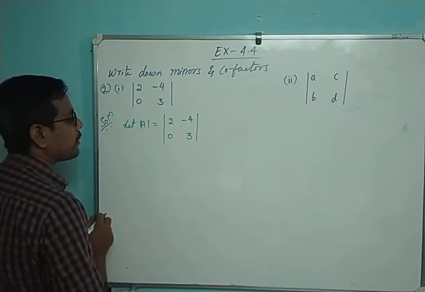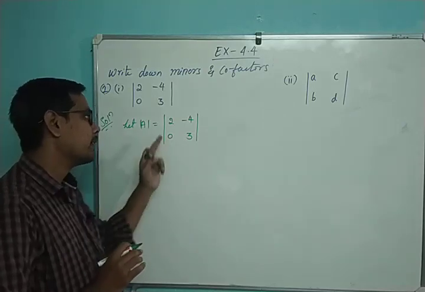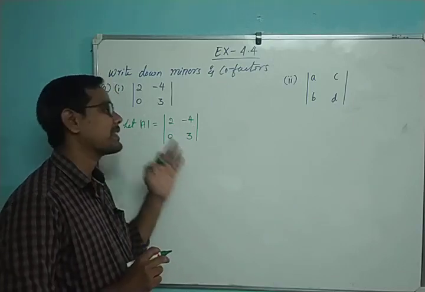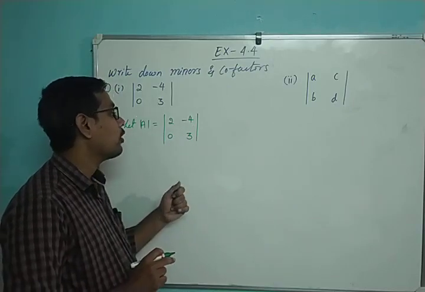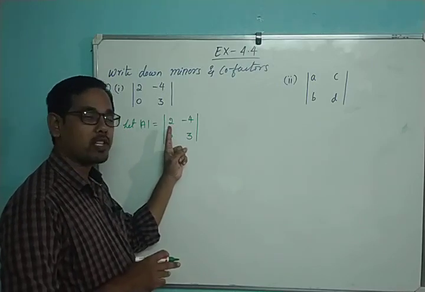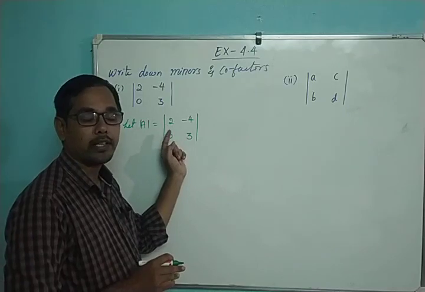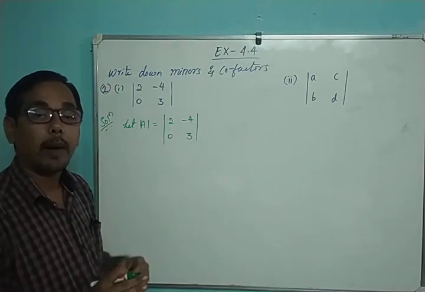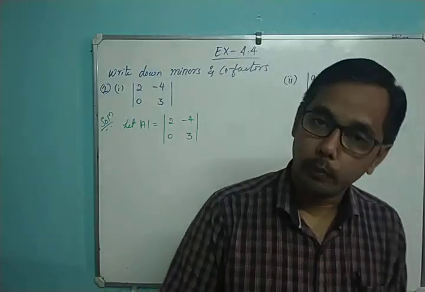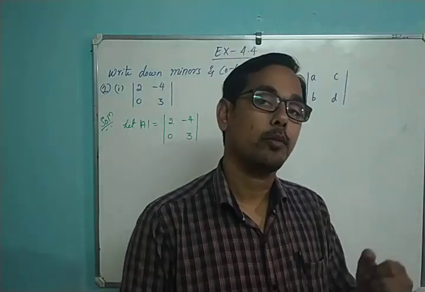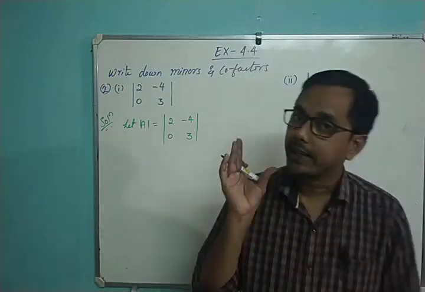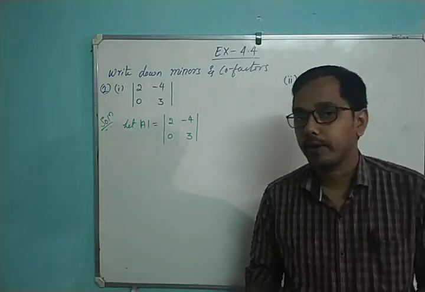What is minor? Minor is to be calculated for each and every element inside the matrix. For whichever element you are calculating, you should leave that row and column, and whatever determinant remains should be written in the form of a determinant. Then if I solve that determinant, I will get the value of the minor.